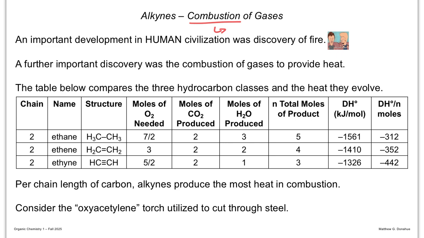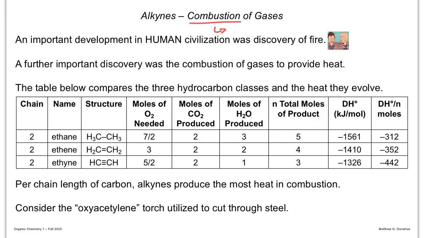Have any relatives that do metal fabrication? So you can use these hydrocarbon gases and combust them to generate essentially heat, which can cut through metal. And in comparing the 3 classes, the alkyne is the one that's the most efficient for doing that.